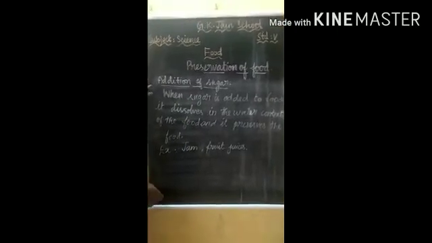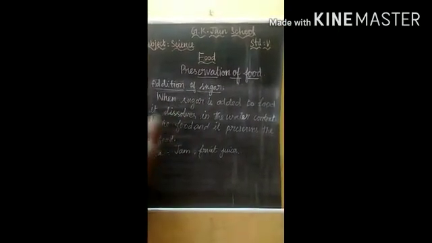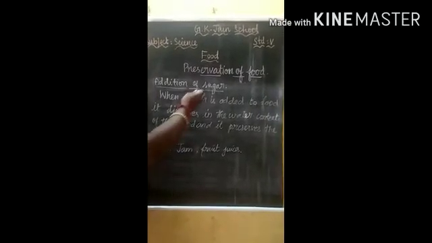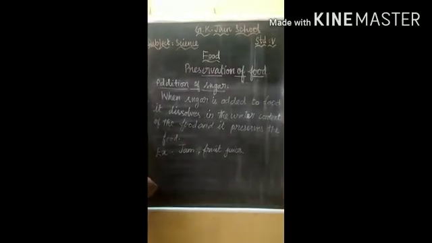Addition of sugar. We already saw the addition of salt, and it is like that only. In this process also, we add sugar to the food, so it will not get spoiled. It will be preserved.